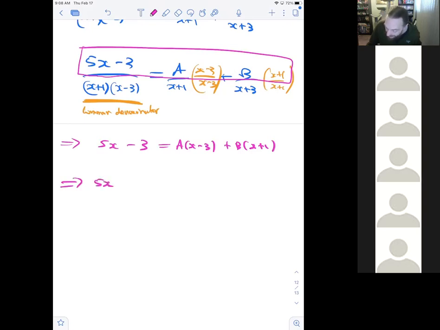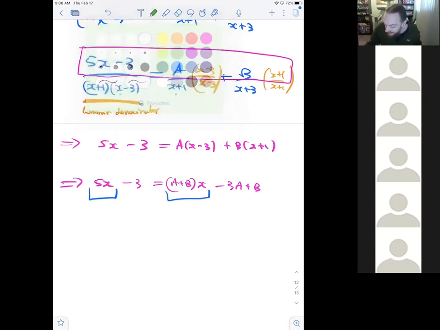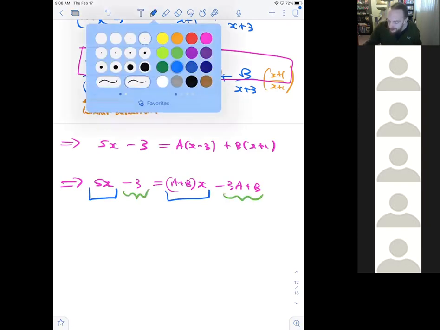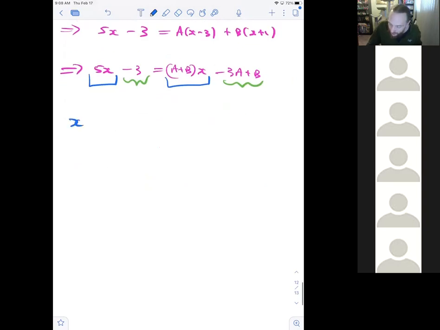That says 5x minus 3 has to equal (A plus B)x plus, or sorry, minus 3A plus B. So now we're matching the coefficients, the x power and the constant power. That gives me equations in each of the powers. When are 2 polynomials equal? If and only if all the coefficients are equal.